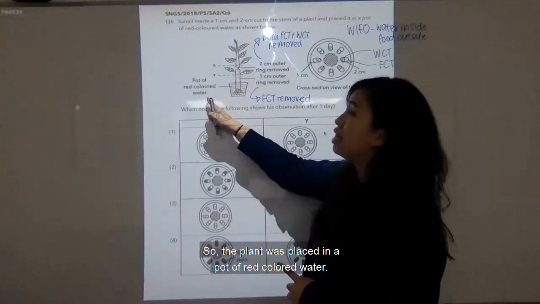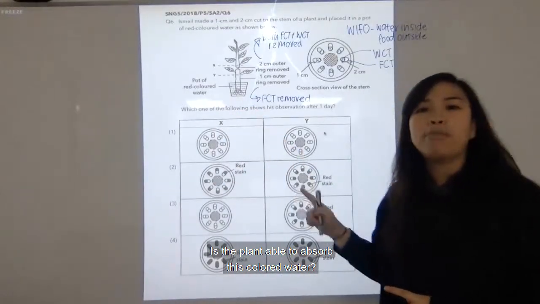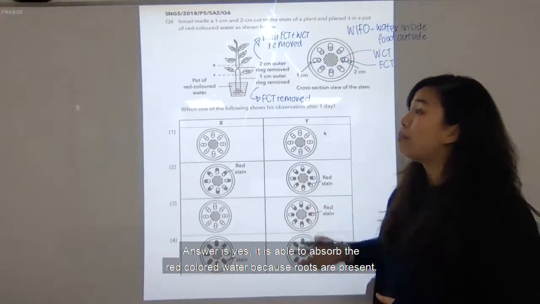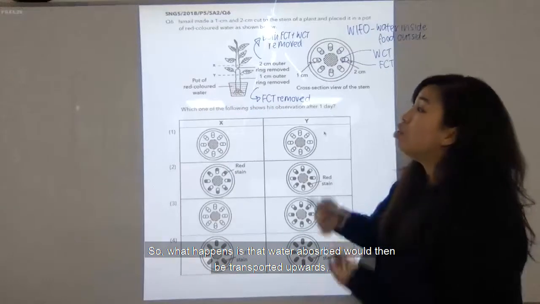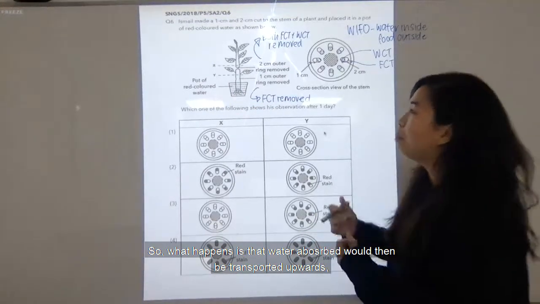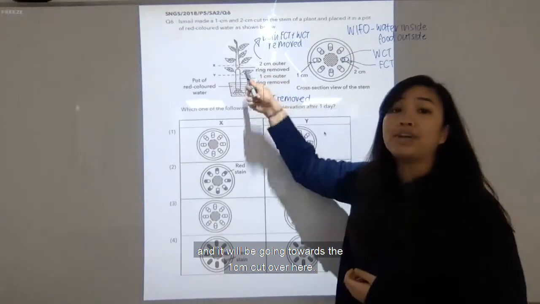With that in mind, let's take a look at the setup over here. So the plant was placed in a pot of red colored water. Is the plant able to absorb this red colored water? The answer is yes, it is able to absorb the red colored water because roots are present. So what happens is that water absorbed will then be transported upwards and it will be going towards the 1 cm cut over here.